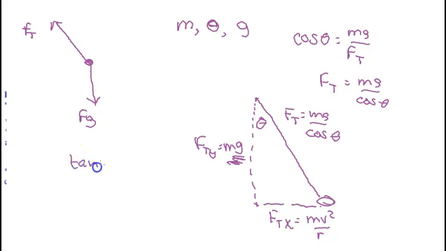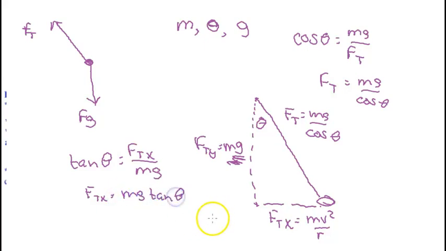So I would say the tangent of my angle is equal to the opposite over the adjacent, and then solve. My force of tension in the x direction is mg times the tangent of theta. And notice I have actually two ways now of writing that force of tension in the x direction, and that's going to become pretty handy.